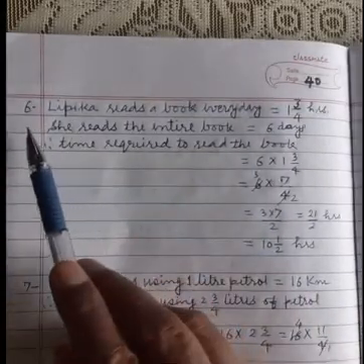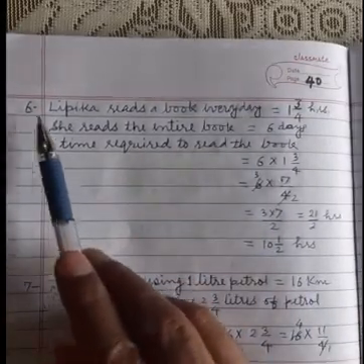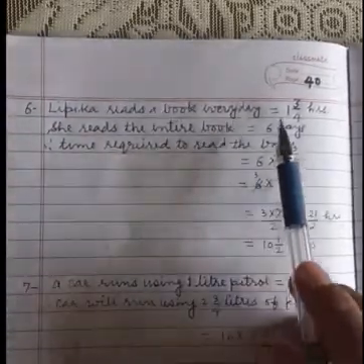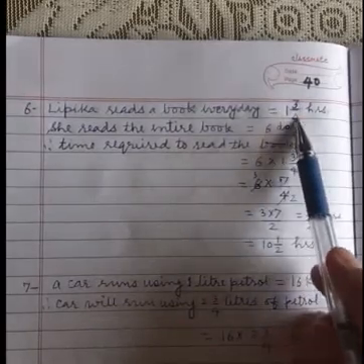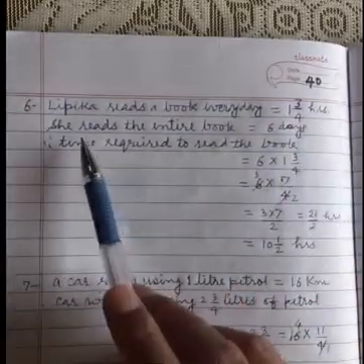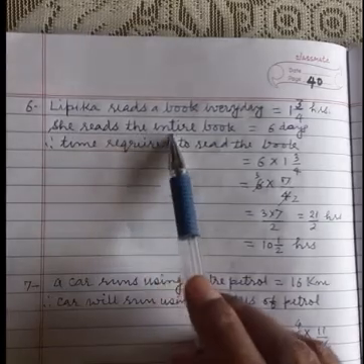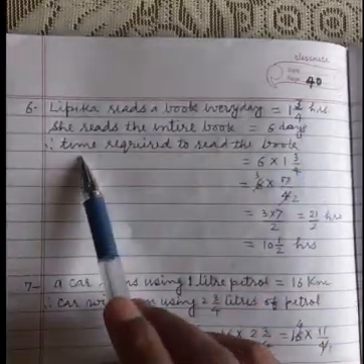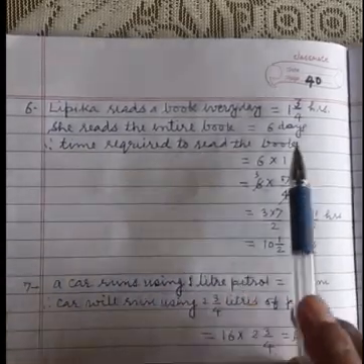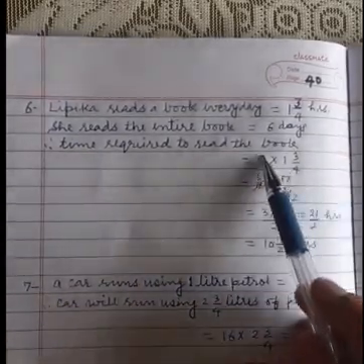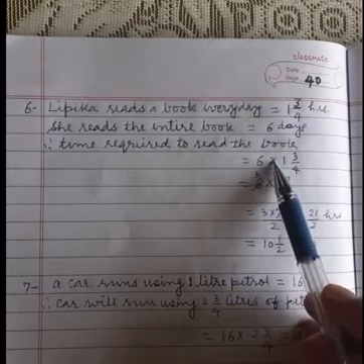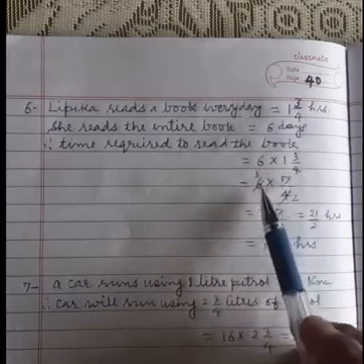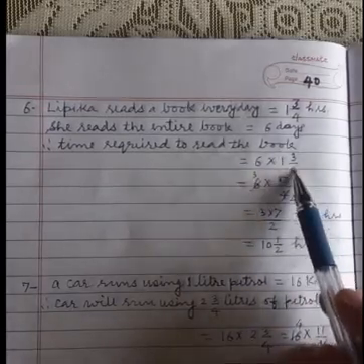Now, solution of this question number 6. Lipika reads a book every day is equal to 1 whole 3 upon 4 hours. She reads the entire book in 6 days. Therefore, time required to read the book is equal to number of days into number of hours per day. So 6 into 1 whole 3 upon 4.